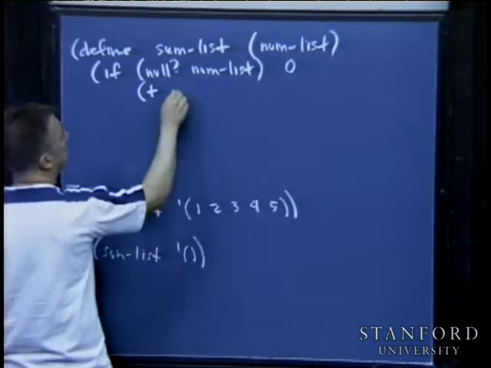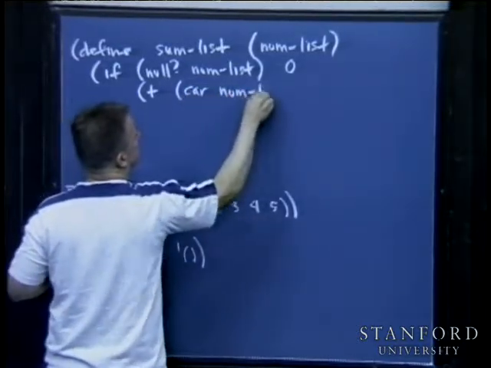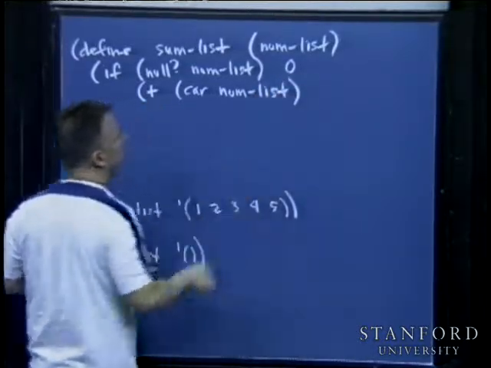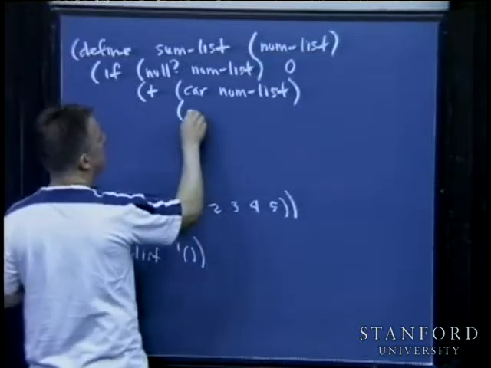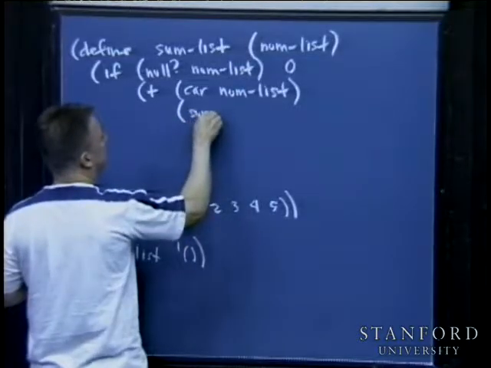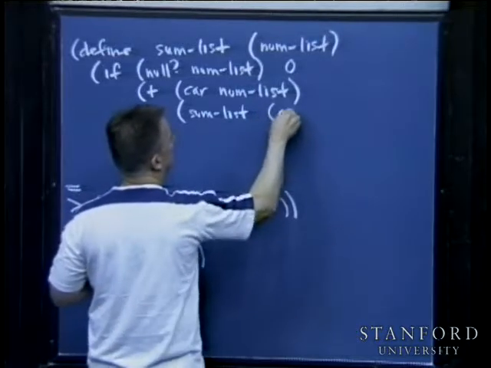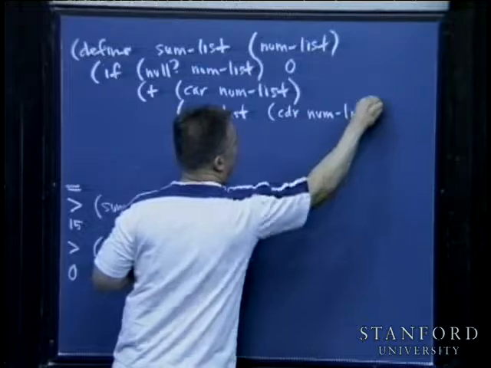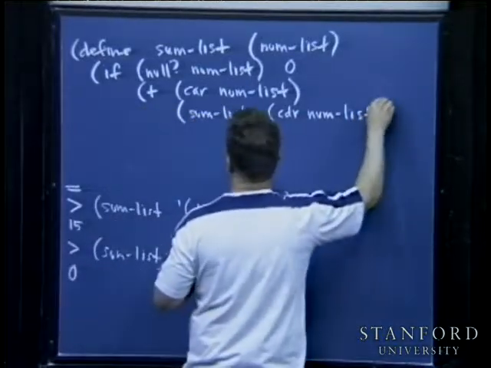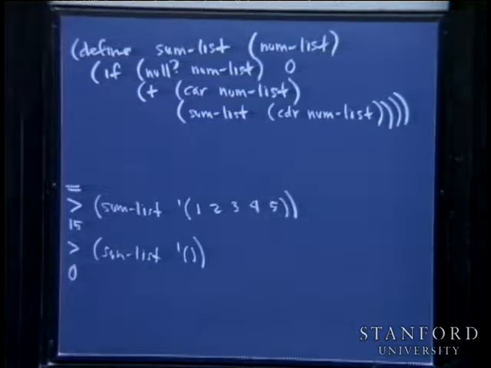Otherwise, I'd like to return the car of the num-list, whatever that turns out to be, and add it to the result of sum-list on the cdr of the num-list. That ends the plus, that ends the if, and that ends the define. Does that make sense to people?